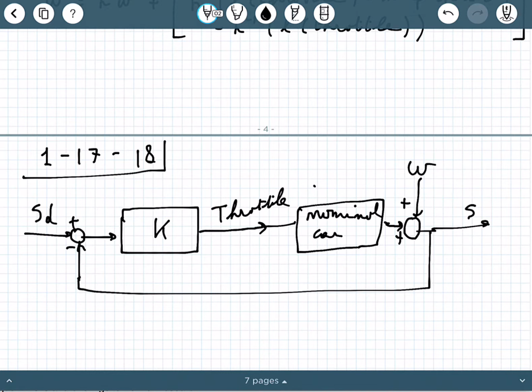So the system we have is really something like this now. On the one hand, you have the regular information that we have already seen: the reference speed, the throttle, and the actual speed of the car. But on top of that, you now have this element W, which we tend to call a disturbance.